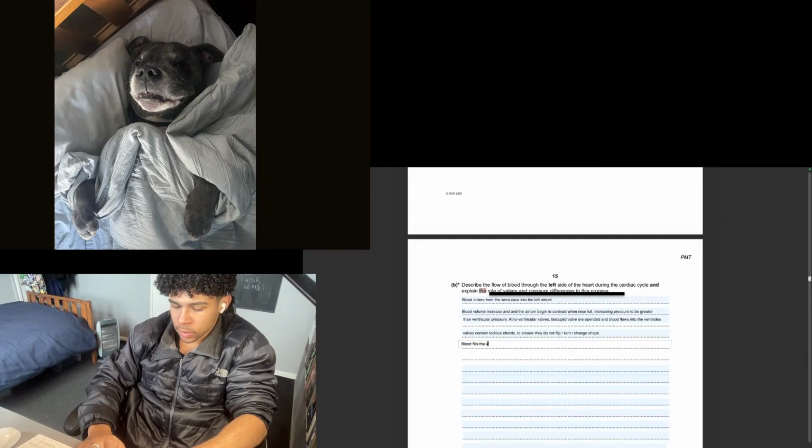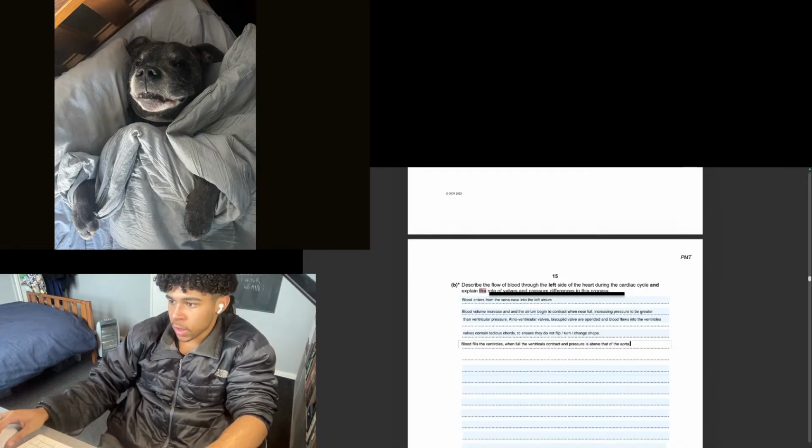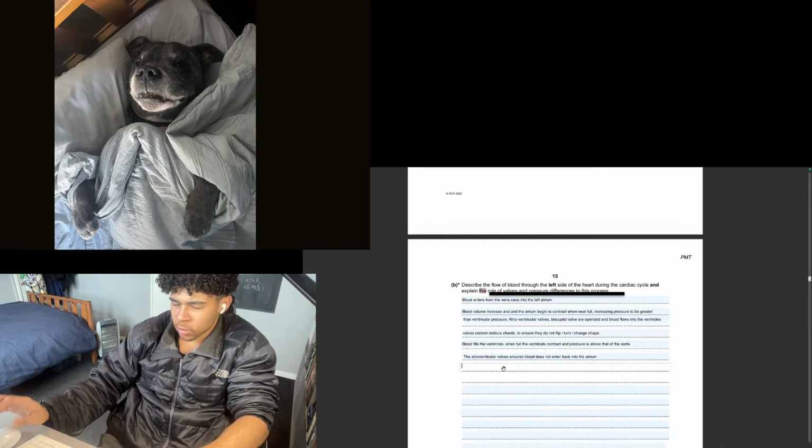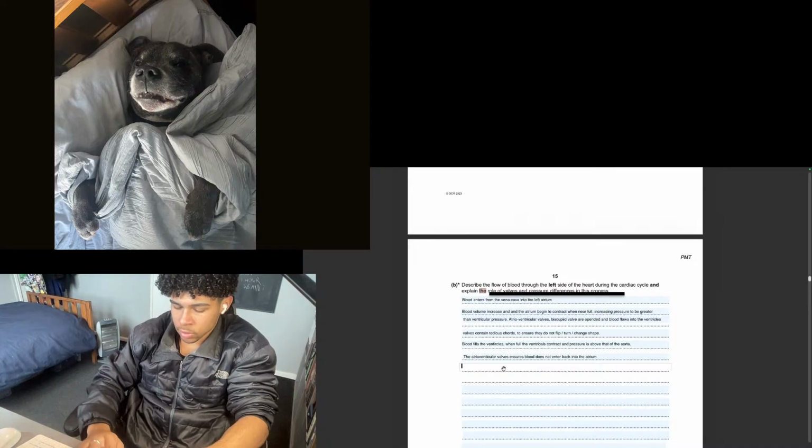Blood fills the ventricles. When full, the ventricles contract and pressure is above that of the aorta. Then we want to link this back. The atrioventricular valve ensures blood does not enter back into the atrium. The ventricle contracts.